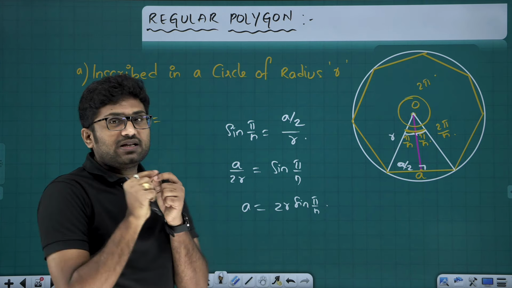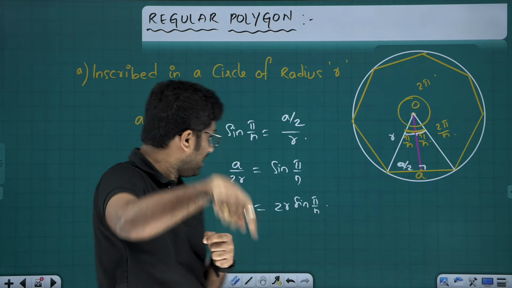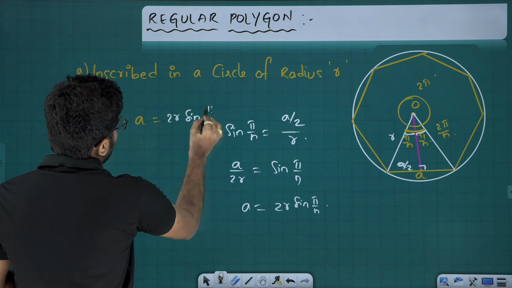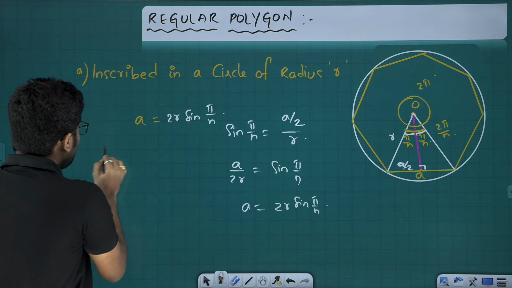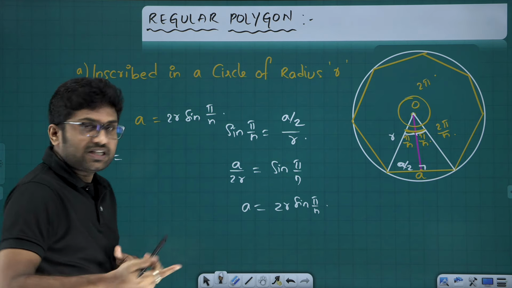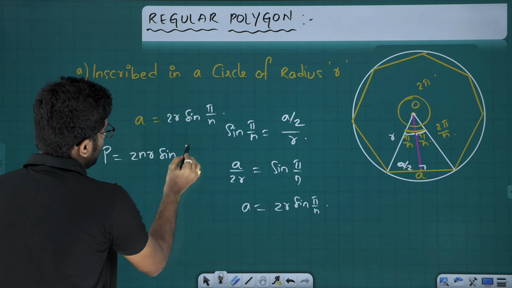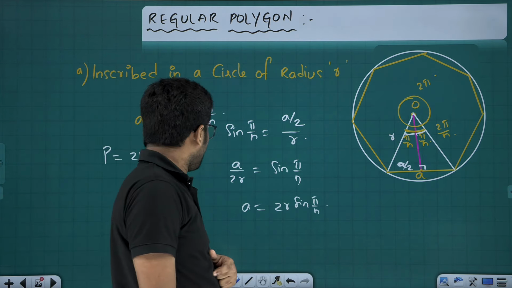The side length of a regular polygon which is inscribed in a circle is 2r sine pi by n. The perimeter of the regular polygon will be n times that, so that is 2nr into sine pi by n.